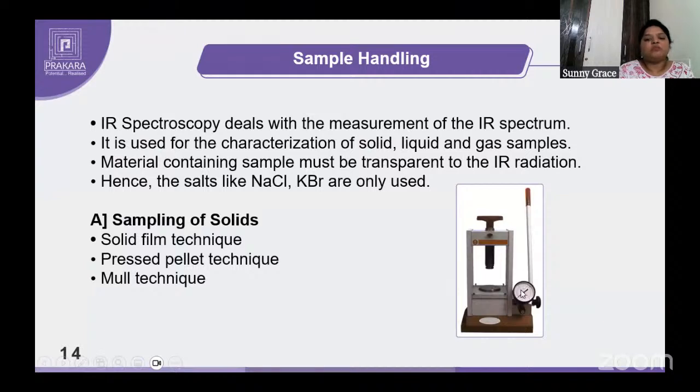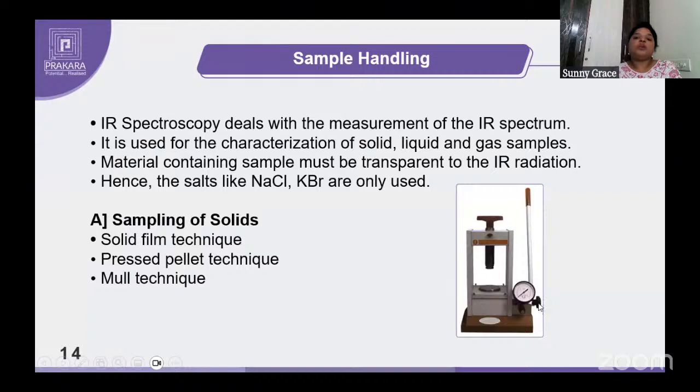Once the disc is placed, you take the sample in the disc. Then you place the disc here. Then you close this, the piston, and touch it to the disc holder wherever you have placed the sample.